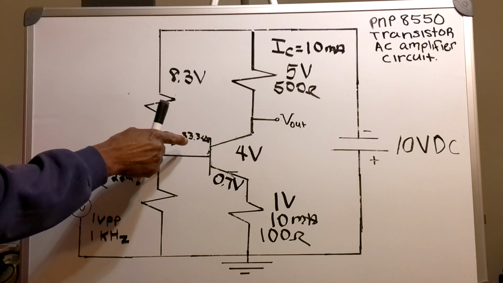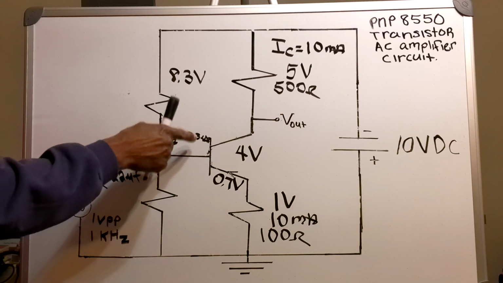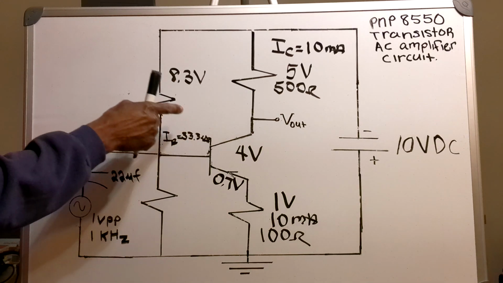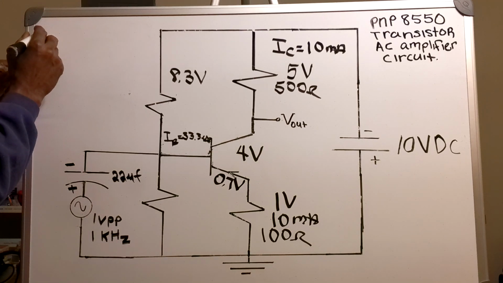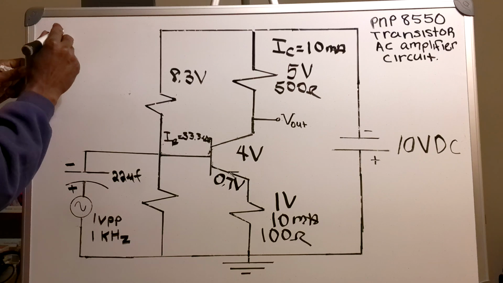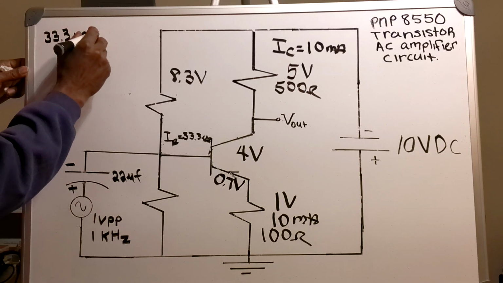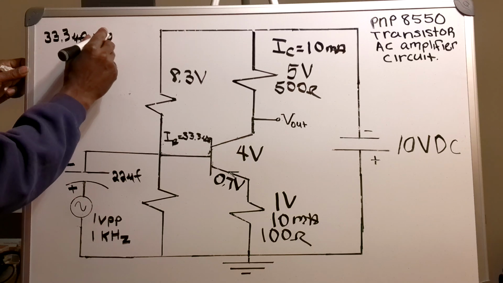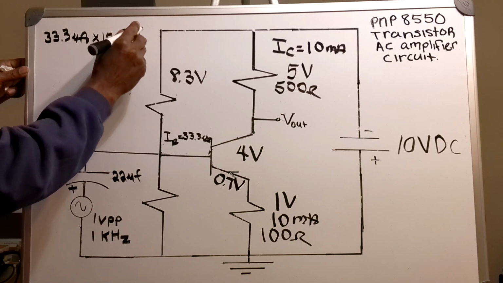Now, I'm going to take that 33.3 microamps and multiply it by 10. 33.3 microamps times 10 equals 333 microamps.